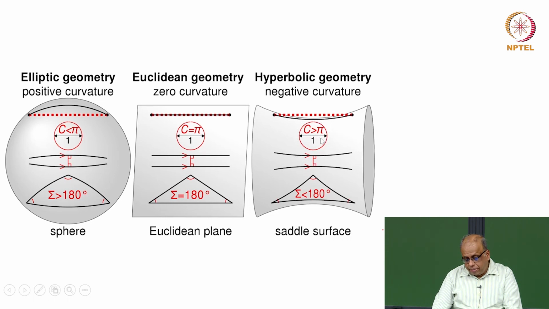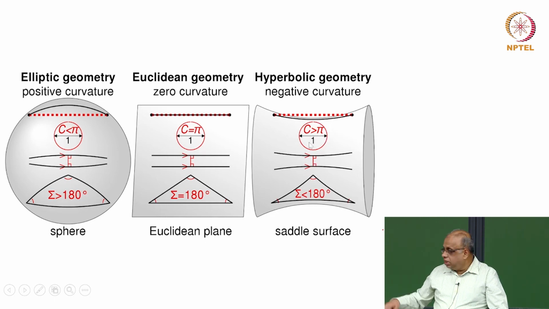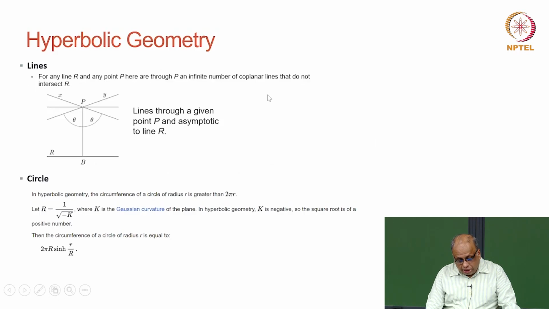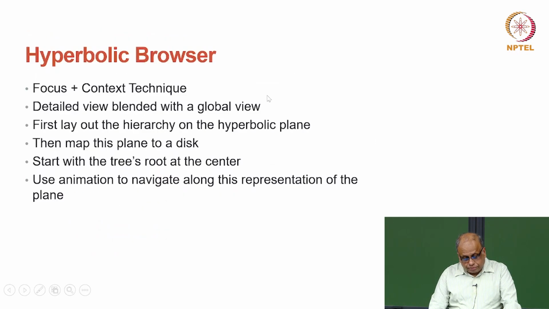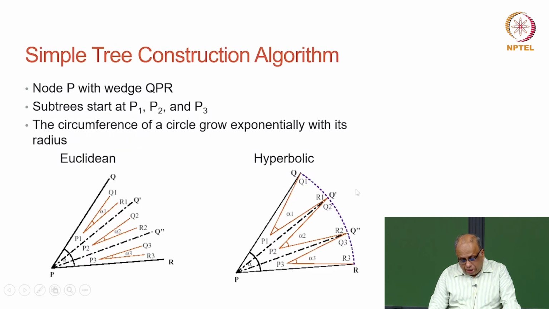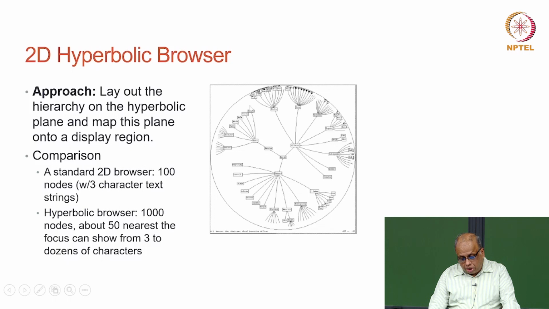And how does it help us? If you are drawing in a hyperbolic plane, you have more space to draw nodes. In a Euclidean plane, you have only about a pi kind of circumference to draw the nodes. In a hyperbolic geometry, you will have more space to draw the nodes, like this.